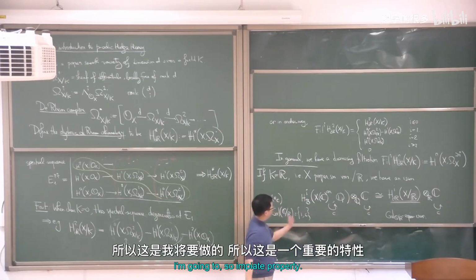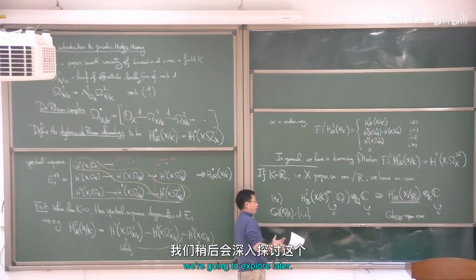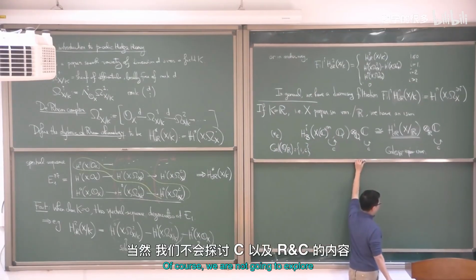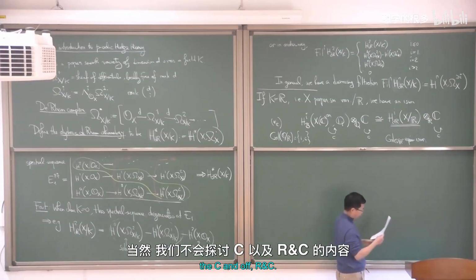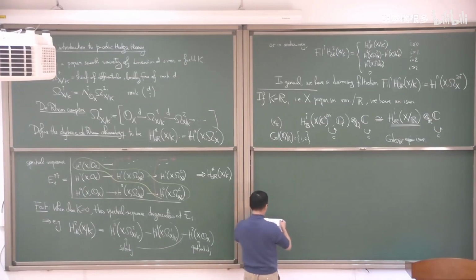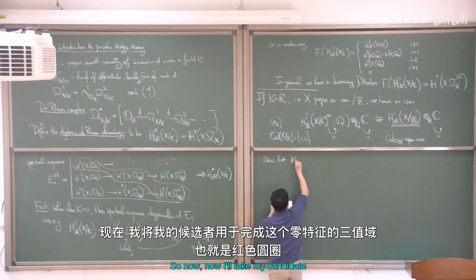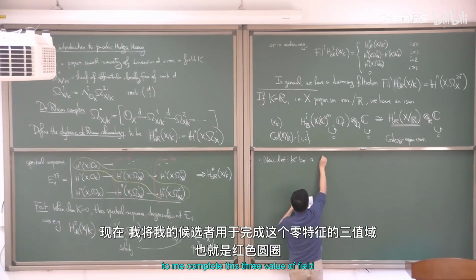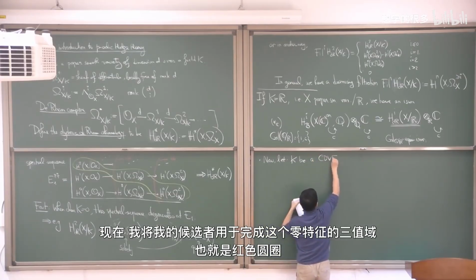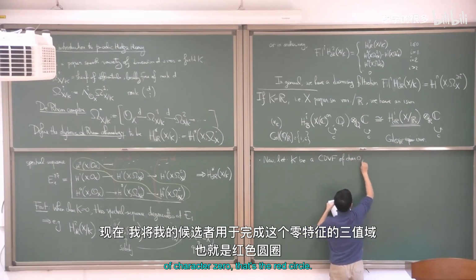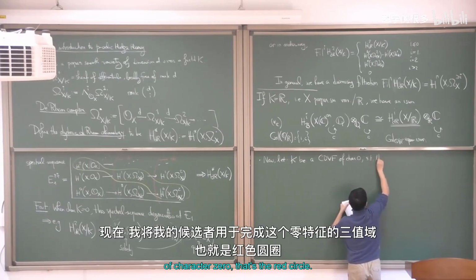This is something we're going to explore later on. Of course, we are not going to explore only C and R. Now I want to take my K to be a complete discrete valuation field of characteristic 0. That's the residue field.